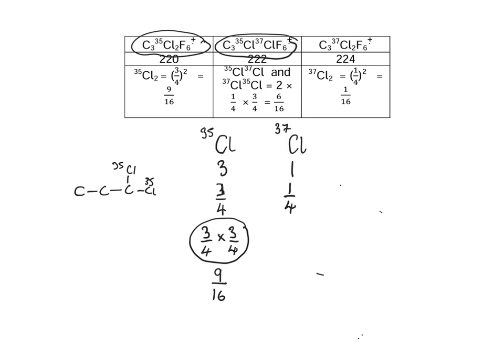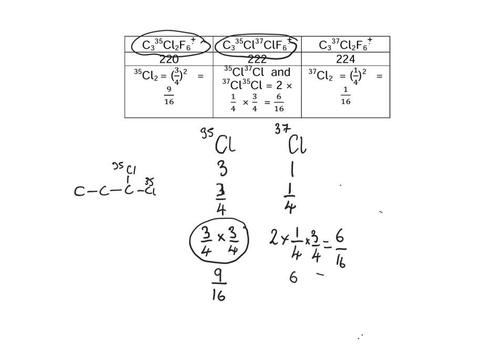2 chlorine atoms, which is where you get the 2 from, one of which has an abundance 1 in every 4, that's the chlorine 37, and 3 in every 4 is chlorine 35, and that comes out at 6/16.